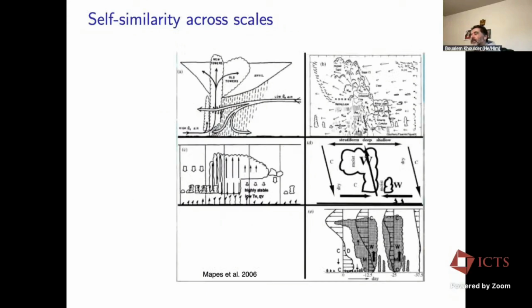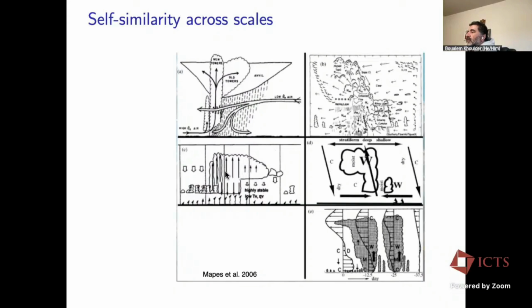And there's a paper that came up in 2006 by Brian Mapes and other people, where they compiled a lot of different pictures from different papers, which all point to these three cloud types that dominate different systems. Squall lines start with shallow clouds, then congestus, then deep and stratiform. Two-day waves also start with shallow, congestus, deep, stratiform.